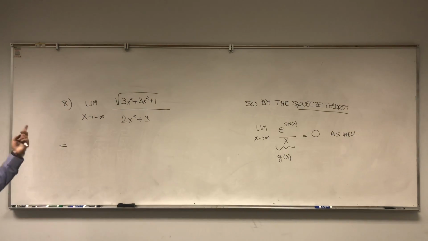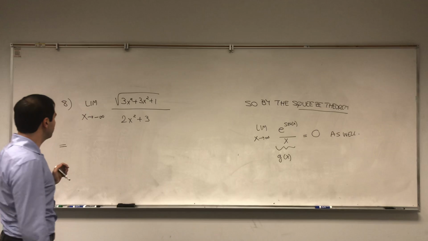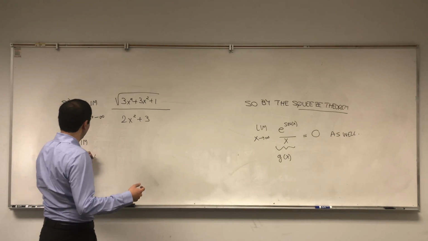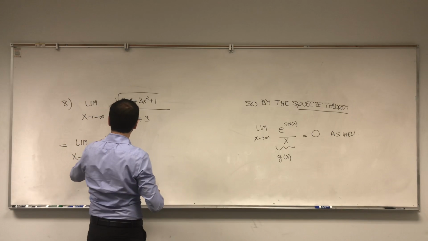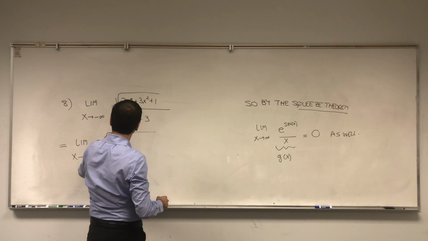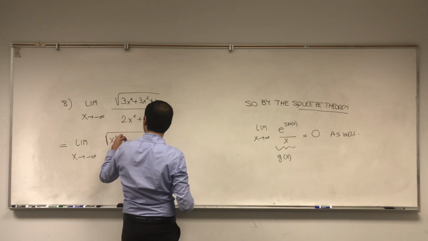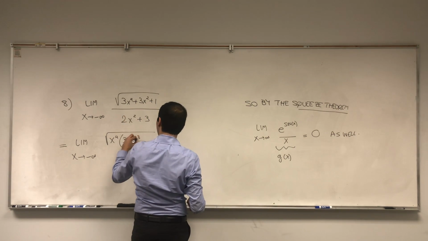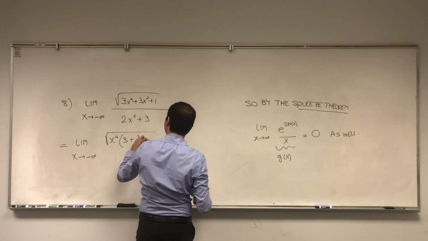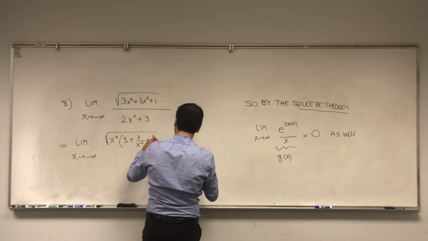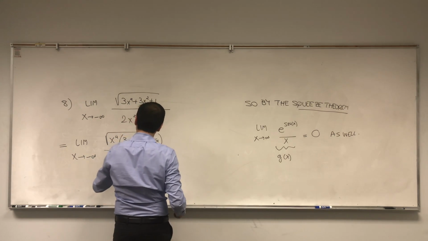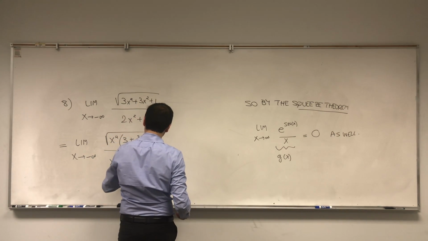Okay. This is pretty standard, similar to the previous example. What you do here is factor out x to the 4th, and then you get (3 + 3/x² + 1/x⁴) over x squared (2 + 3/x²).